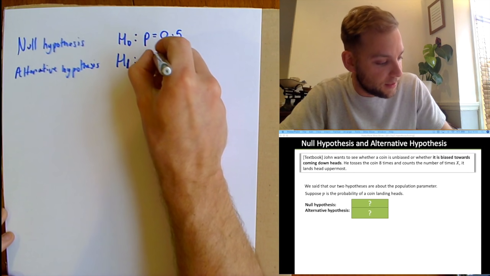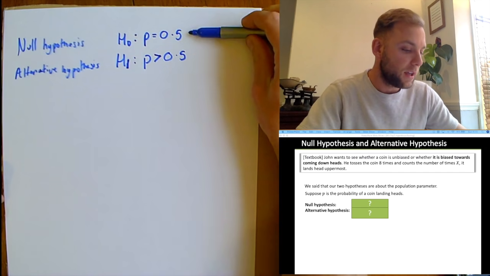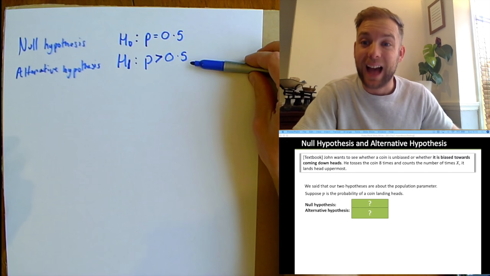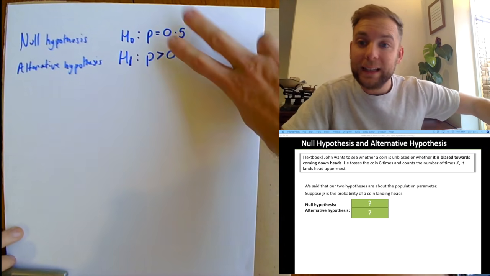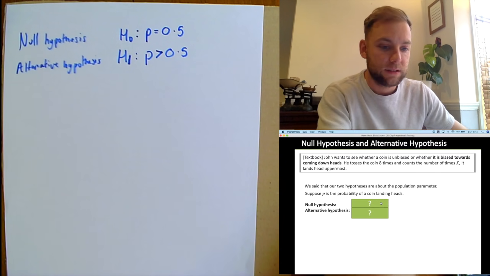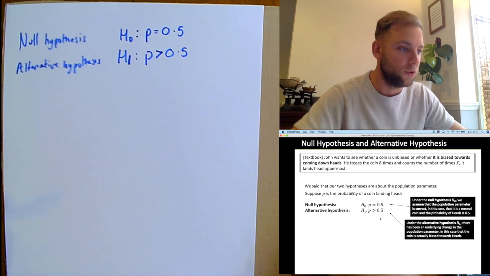We are expecting the probability to be greater than 0.5. So this is my null hypothesis, the population parameter, that the probability of getting heads is 0.5. My alternate hypothesis is that actually the probability of getting heads is greater than 0.5. And you will always need to write these down in these questions, so do get used to them.